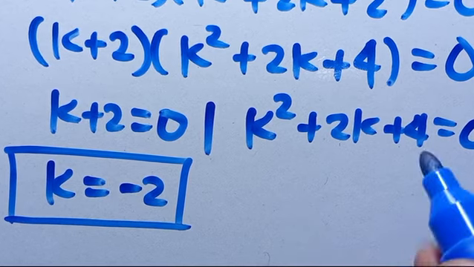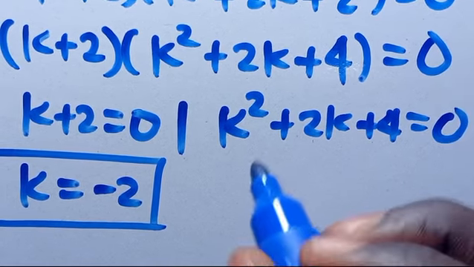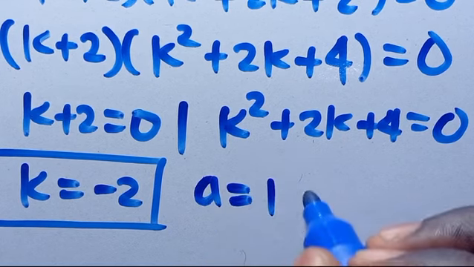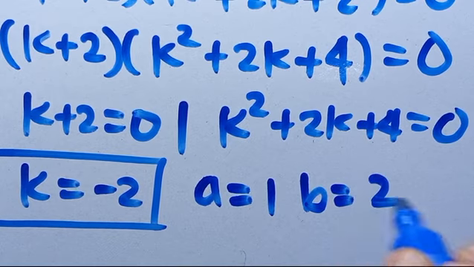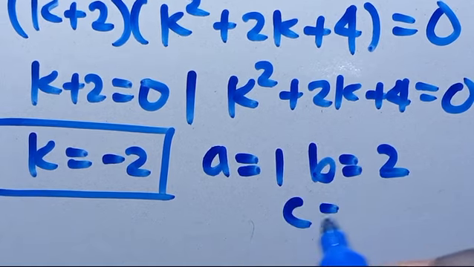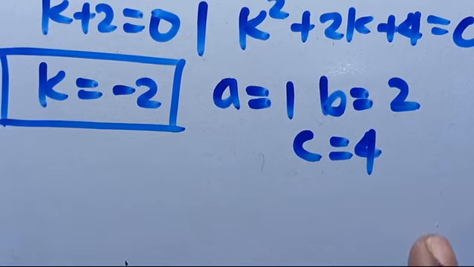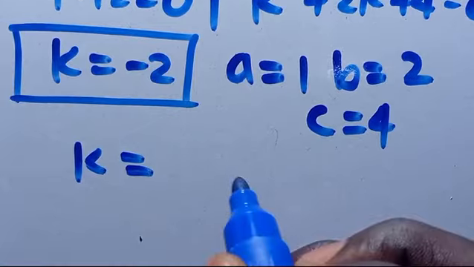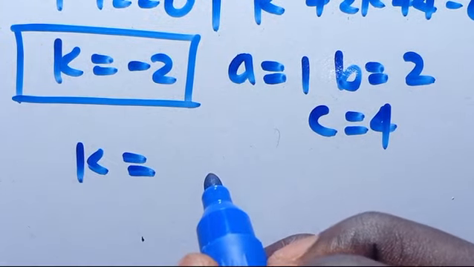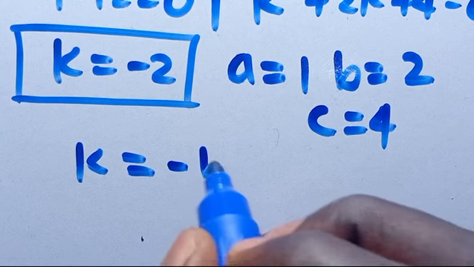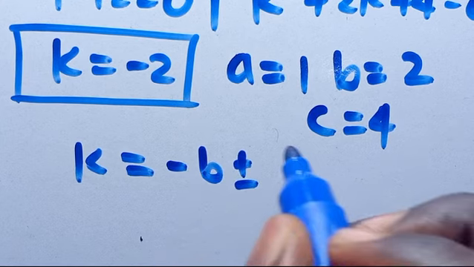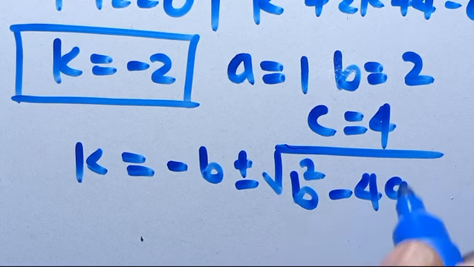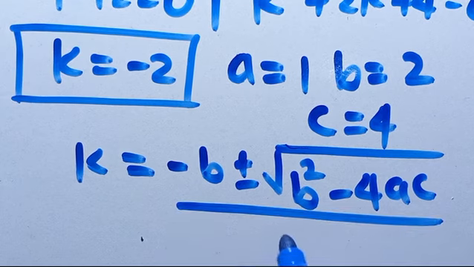Now let's define the following parameters. Our a equals the coefficient of k square, 1, our b equals 2, then our c equals 4. Applying the quadratic general formula, our k will be equals minus b, positive or negative, square root of b square minus 4ac, over 2a.